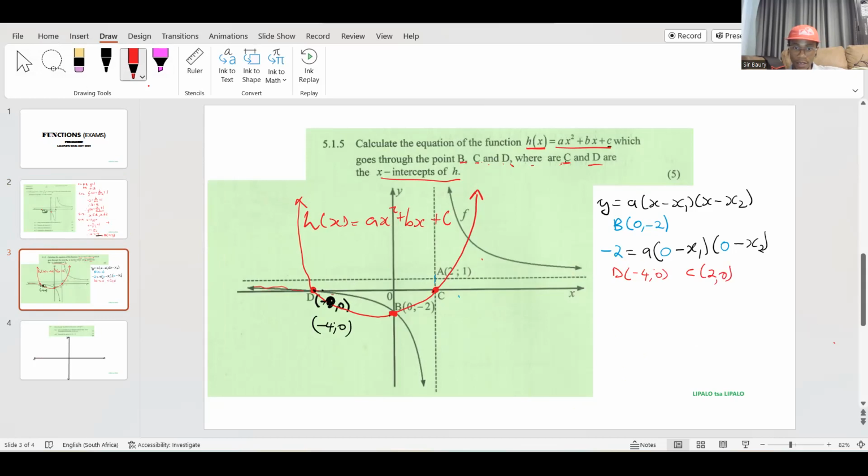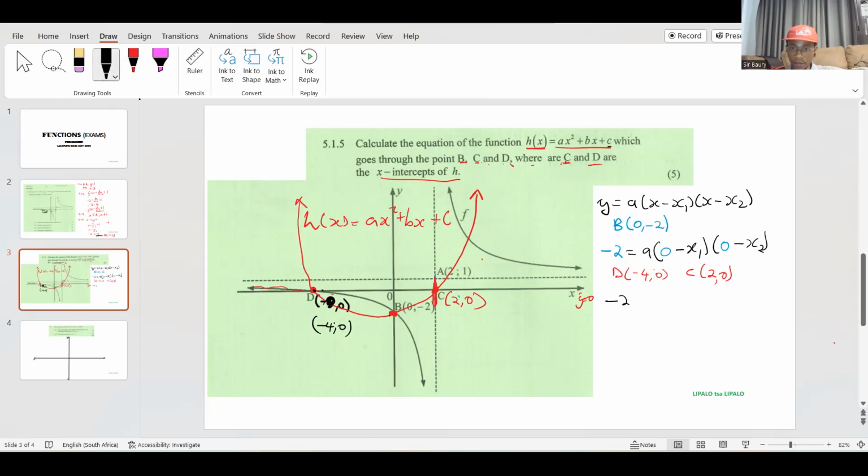How did I get to 2? The asymptote cuts through C, and it's 2, so the value of y here at the x-axis is 0. So I'm going to have my values now.